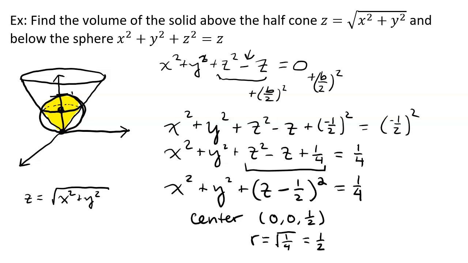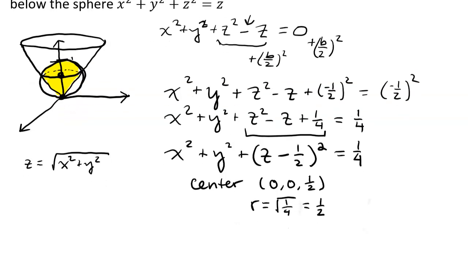If we take a look at our z component, we're going to have a lot of simplification, and if we take a look at our sphere in spherical coordinates, a lot of simplification is going to happen. So let's see what those equations look like in spherical coordinates, and then set up our integral from there. Let me scroll down a bit here.